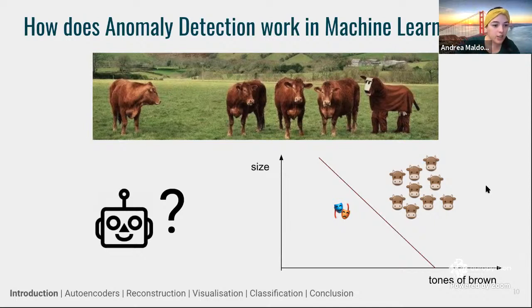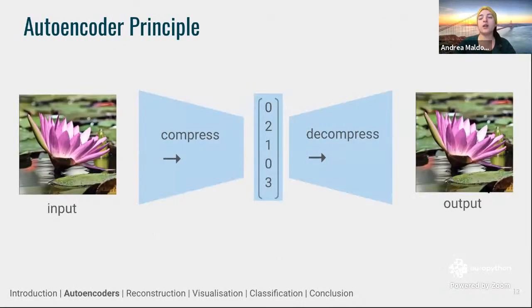All right. For this, we also added some other flavor, and it was the autoencoders. How you can imagine an autoencoder to work is if you are a photographer and you take very high resolution pictures, they take lots of memory.